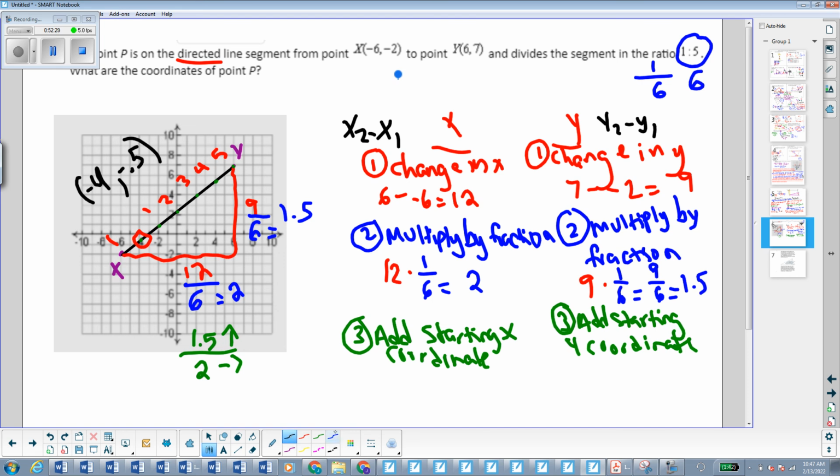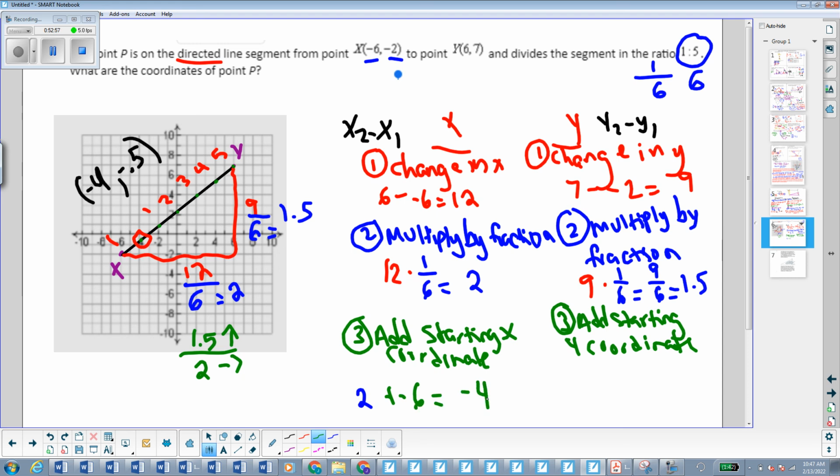Then finally, all we need to do is add the starting x-coordinate to our result and add the starting y-coordinate to our previous result. What that means, for starting x-coordinate, it's the x-coordinate from our start point. And for starting y-coordinate, it's the y-coordinate from our start point. So I'm going to take our result 2, and I'm going to just add the starting x-coordinate, which is -6.